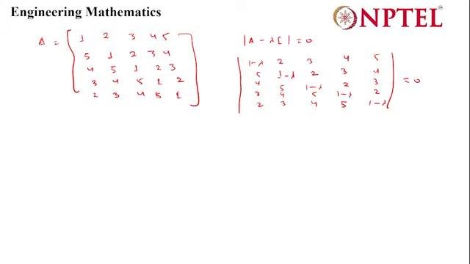Firstly, we will do a row operation, R1 replaced by R1 plus R2 plus R3 plus R4 plus R5.